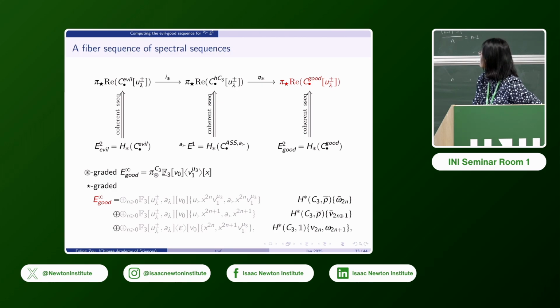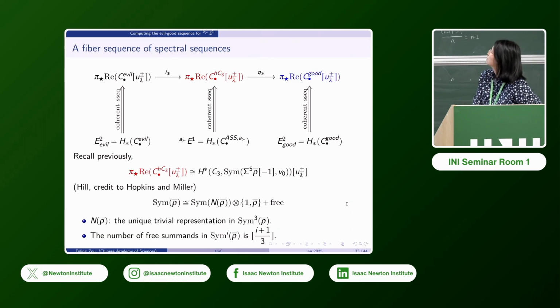Then we have some generators in those degrees using the expressions of these V1s and X. So this is the answer here, like this, and n goes from 0 to greater or equal to 0. Right, so that's this blue part. And previously we knew what the red part was. It's like this. So now we can analyze this further.